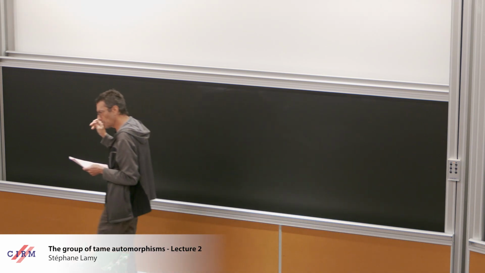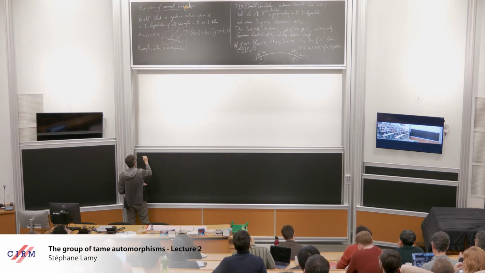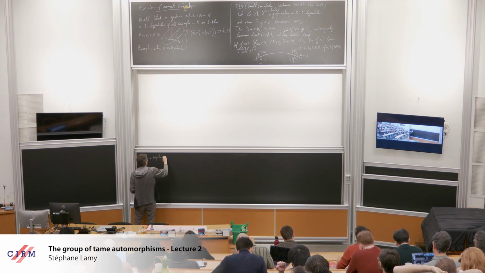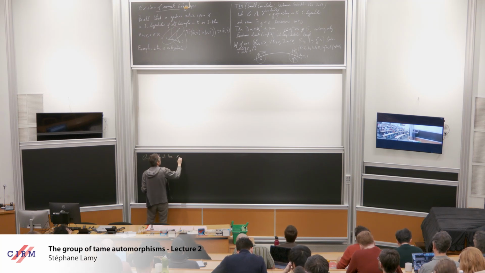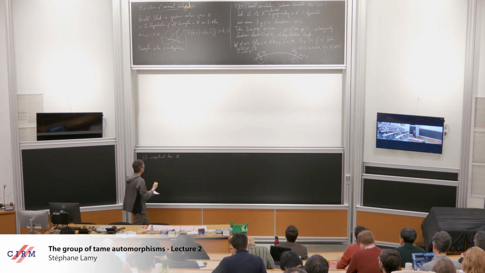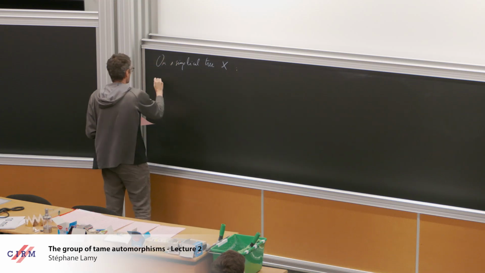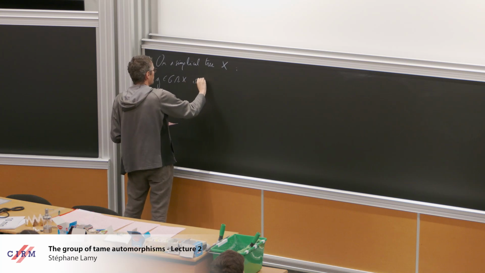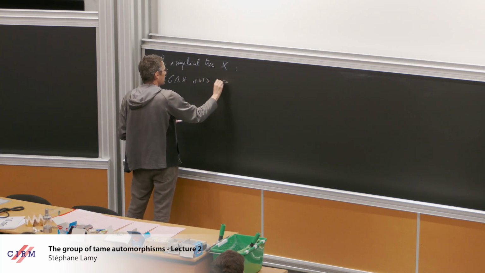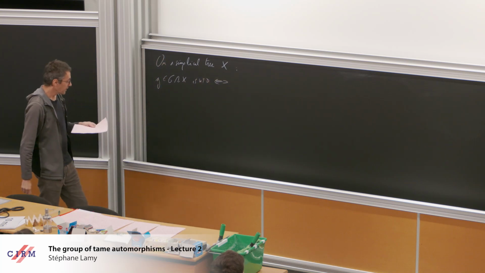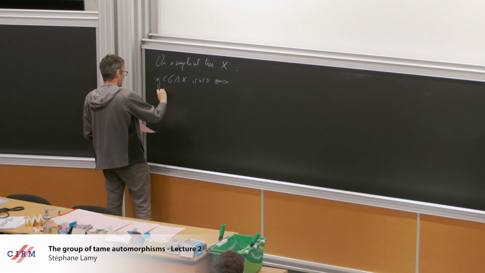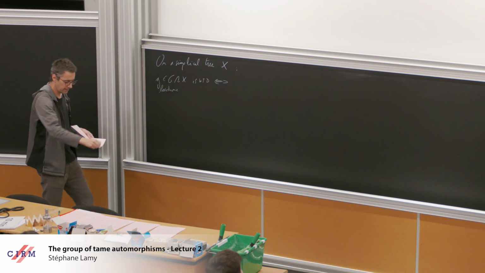In fact, on a simplicial tree, it's important to have simplicial. So if X is a simplicial tree, then g acting on X is WPD if, again, g acts as a loxodromic isometry on your tree, so you have an axis.